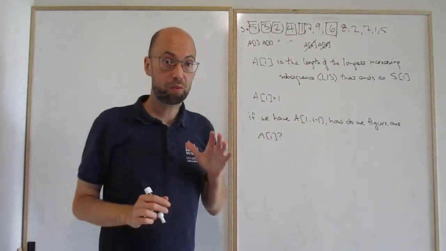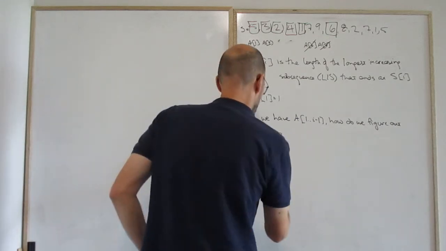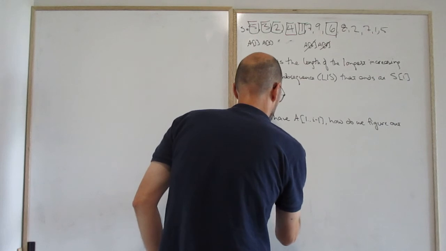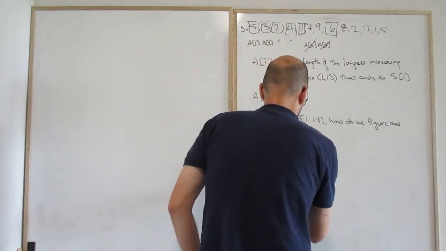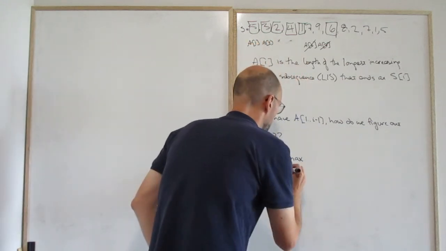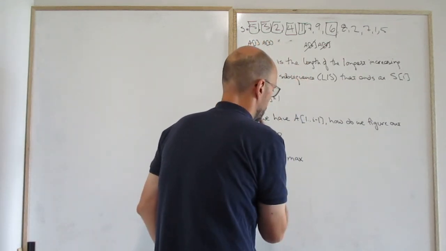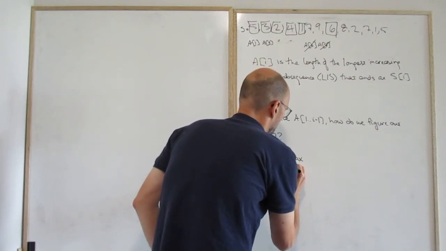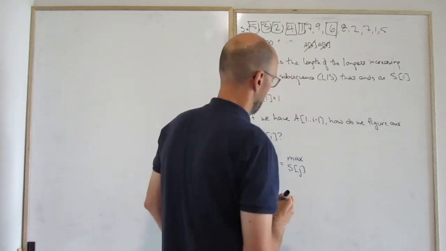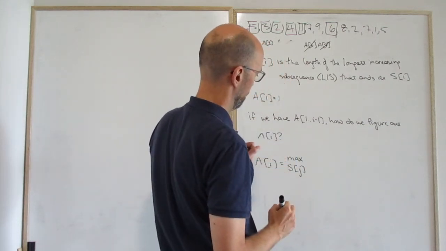So it's going to be A_i equals the max of A_j plus 1 such that, for the values S_j, yeah, maybe I shouldn't do this as a subscript.